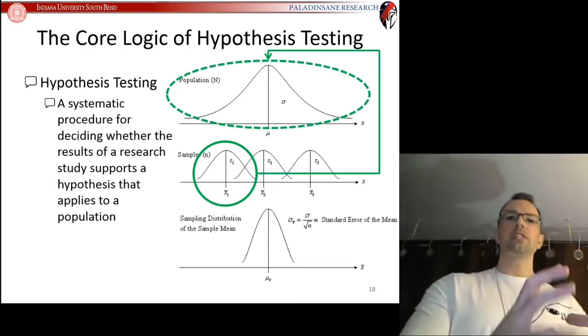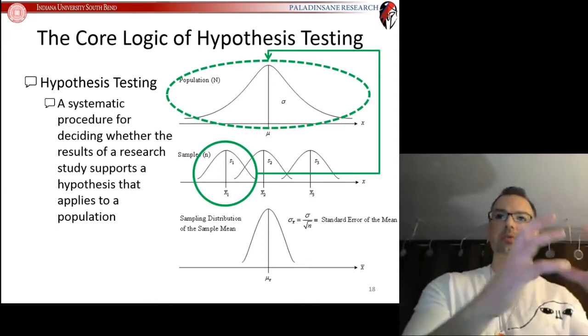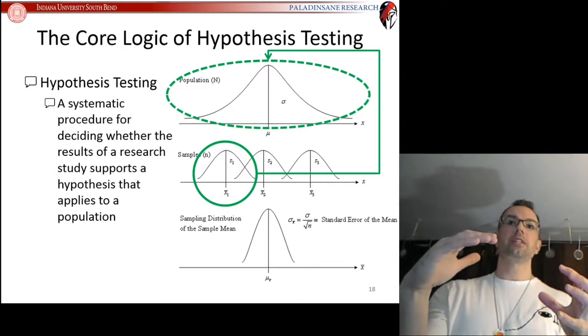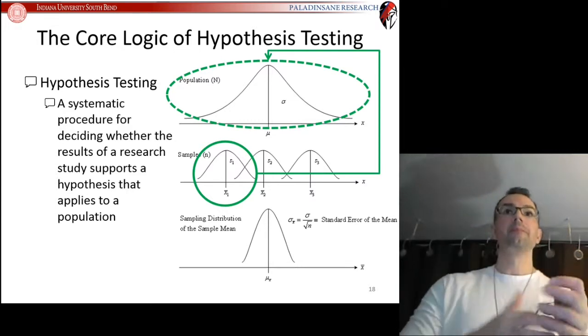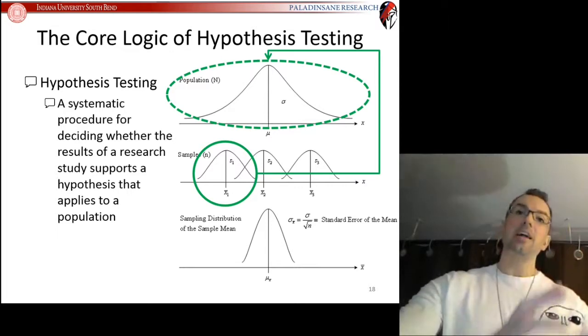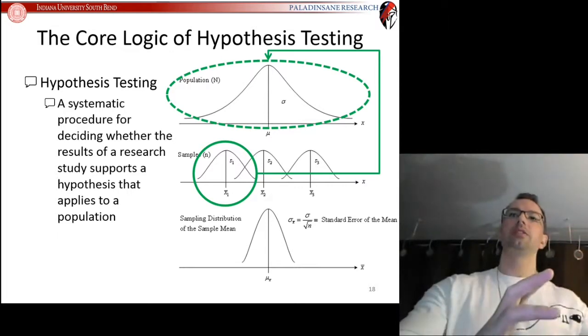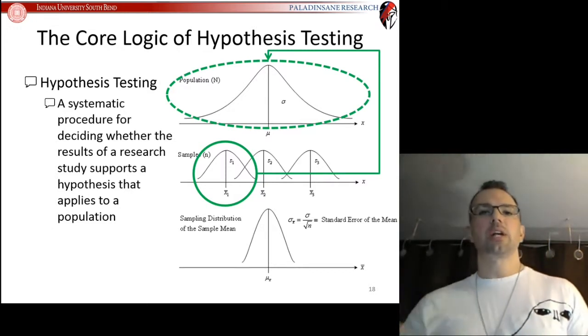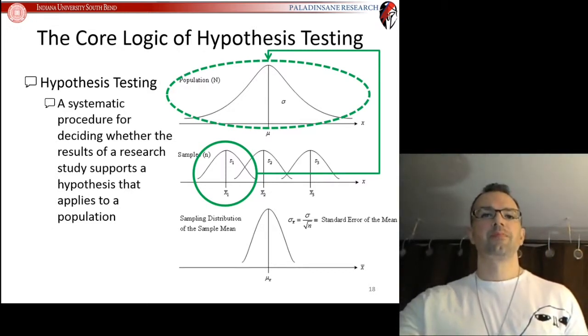It's what allows us as psychologists to say, I found this for my sample, and this result, this effect, this treatment will work for the entire population. Or it lets us decide, I found these results for my sample, but these results, this intervention will not work for the entire population.